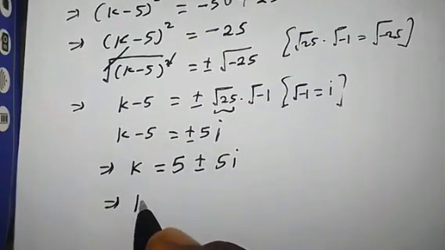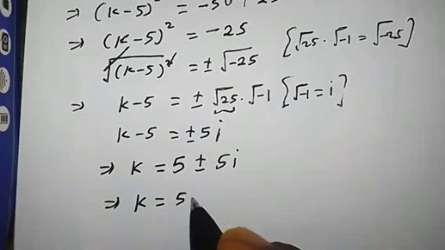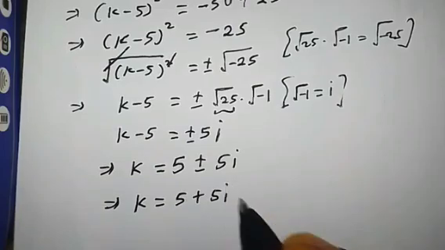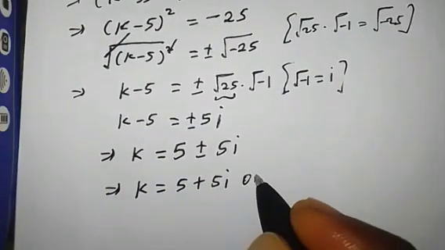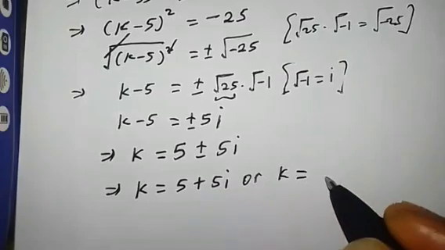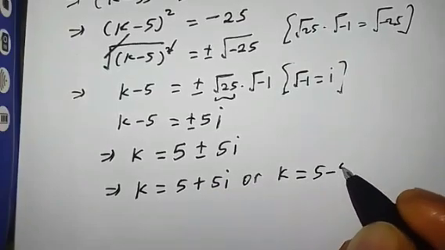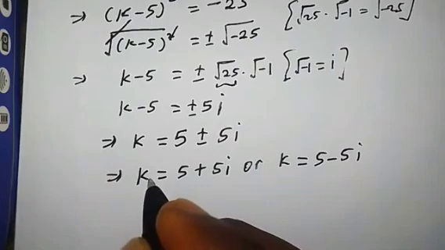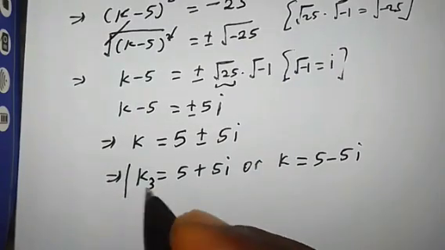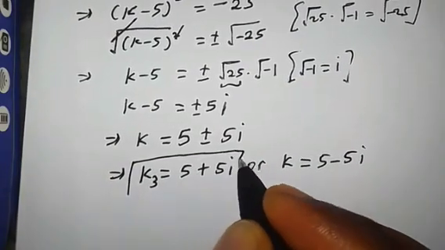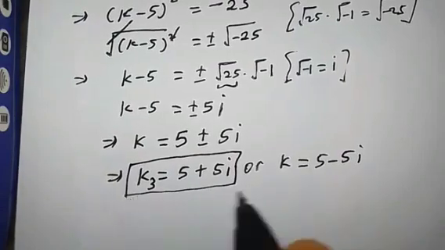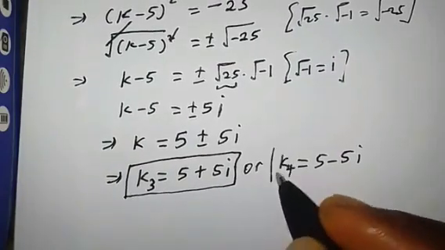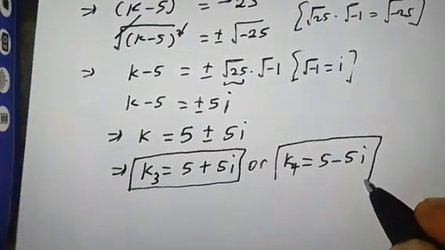This implies that k is either equal to 5 plus 5i or k equal to 5 minus 5i. This is the third solution, k3. This is the fourth solution, k4.